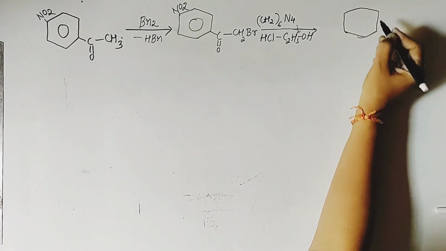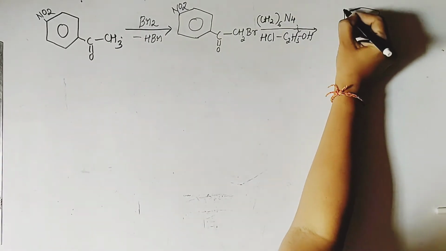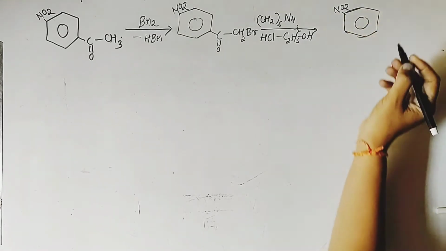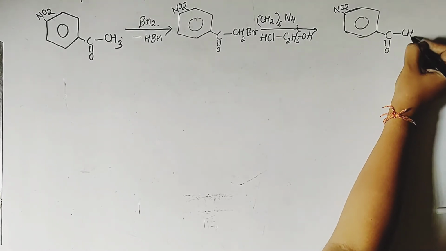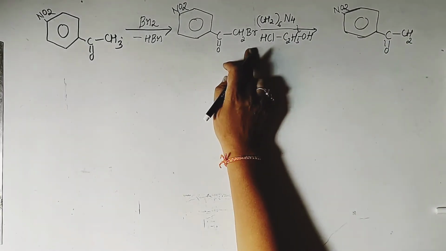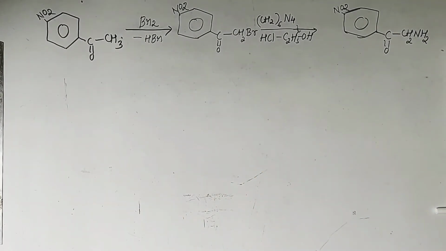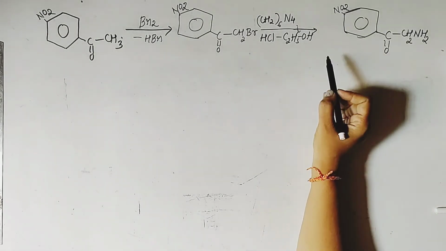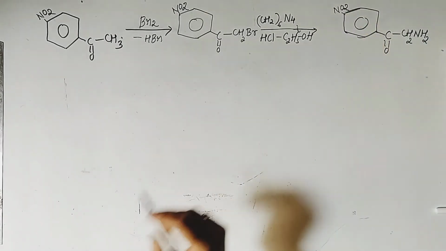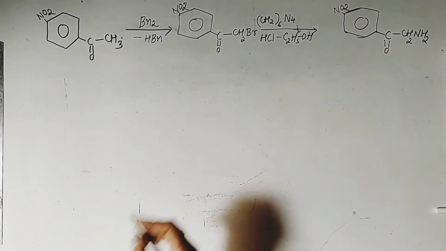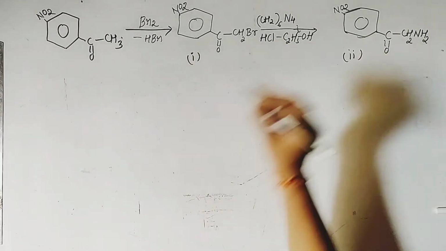The changes are going to take place only at this carbon. The Br gets replaced by the NH2, and this compound is called alpha amino para nitro acetophenone. We can call it intermediate 2, and the earlier product intermediate 1.